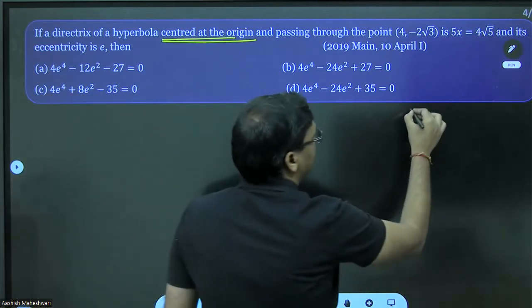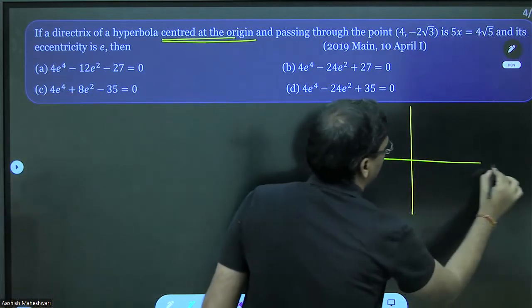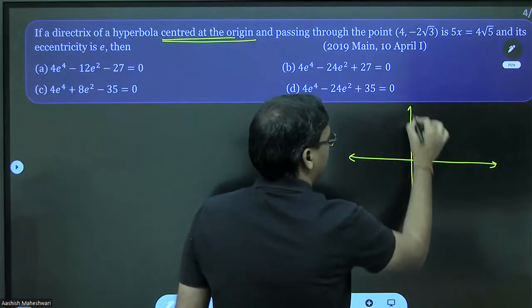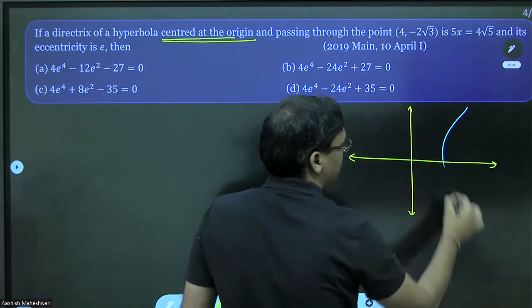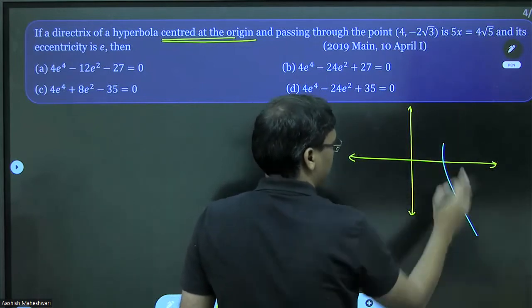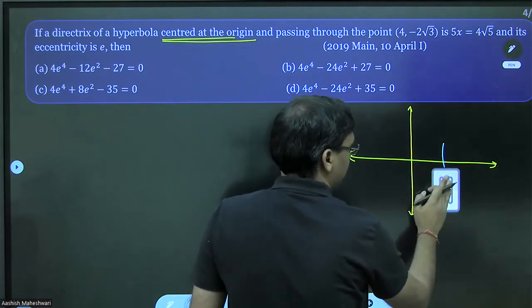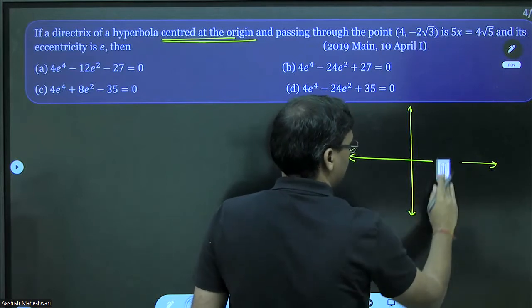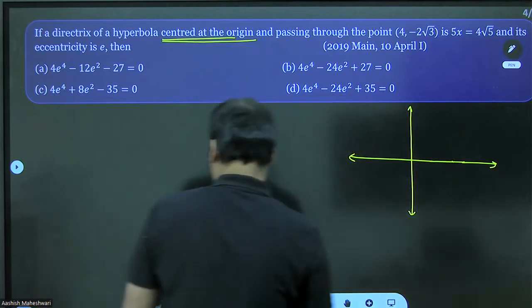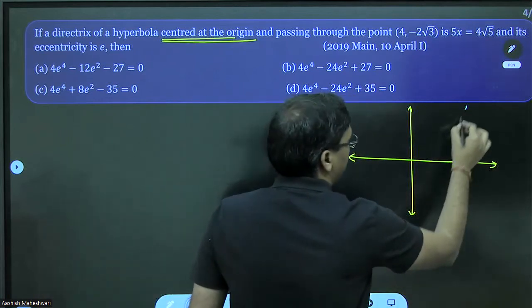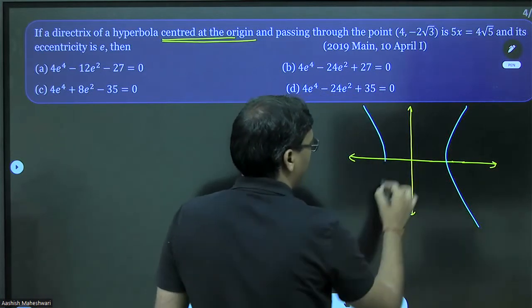So let's say this is the hyperbola we're talking about.